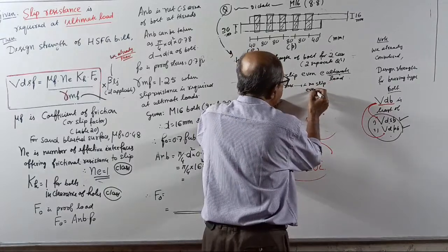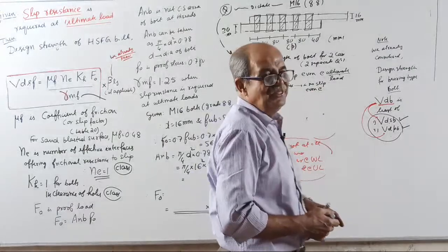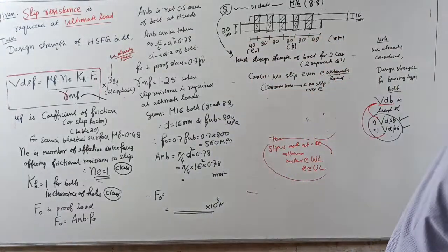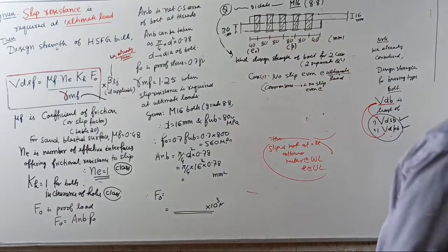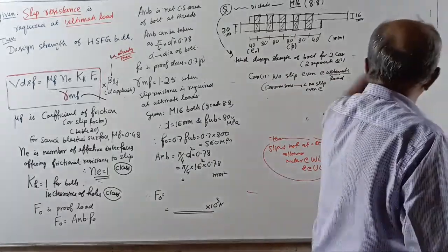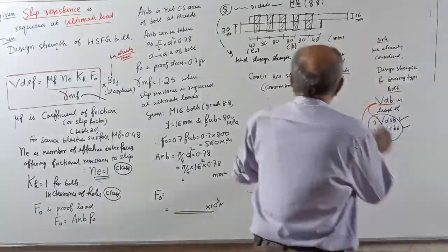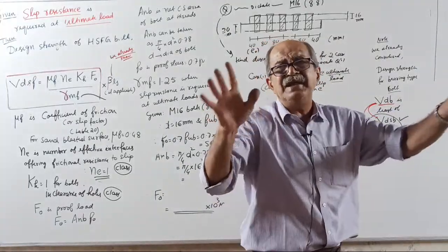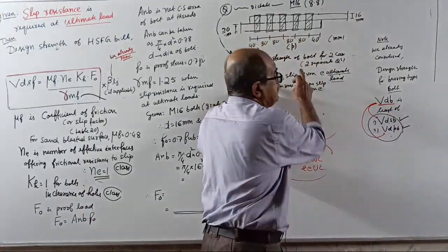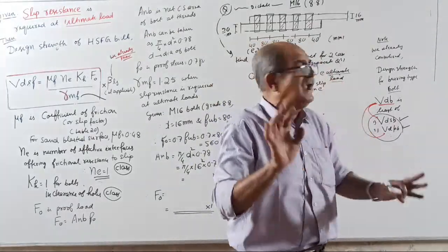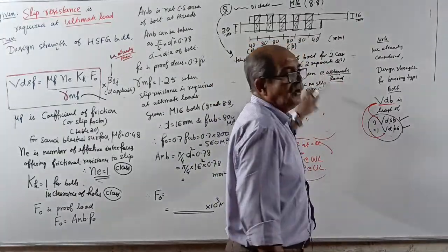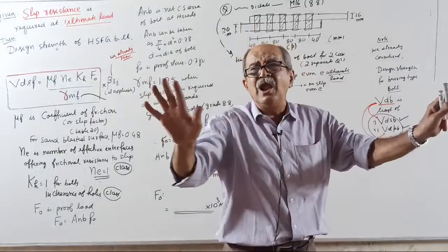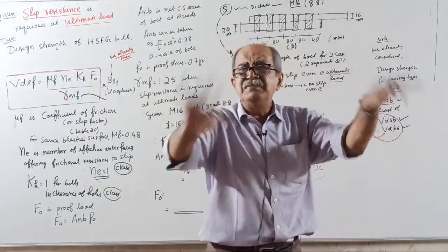But even at what load? You keep telling factored load. Ultimate load only is called factored load. Why are you getting confused? Either write no slip or slip not allowed, even at ultimate load.